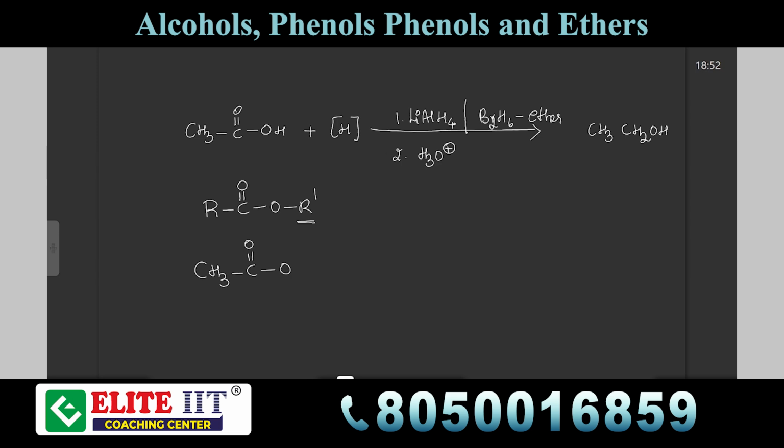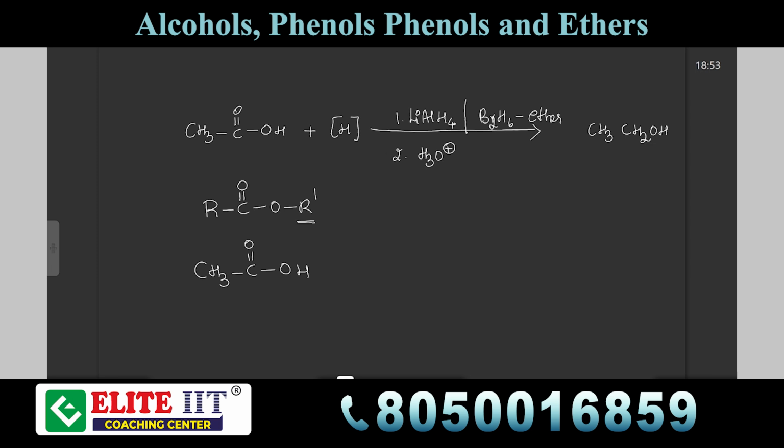Just now you told me, what is CH3COOH? Which carboxylic acid is this? How many carbons do we have here? 2 carbons. So what is the name of this carboxylic acid?